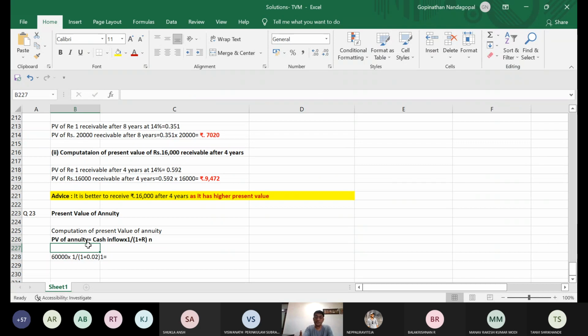So I can take the first case as rupees 60,000 receivable after 1 year. Now tell me, how much do you get? $58,823.